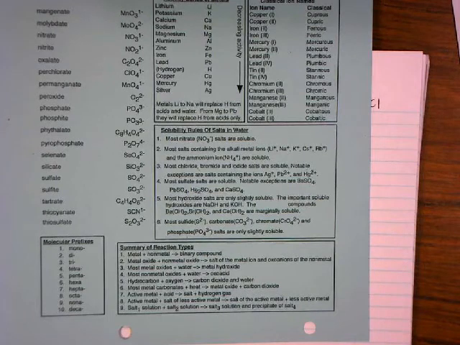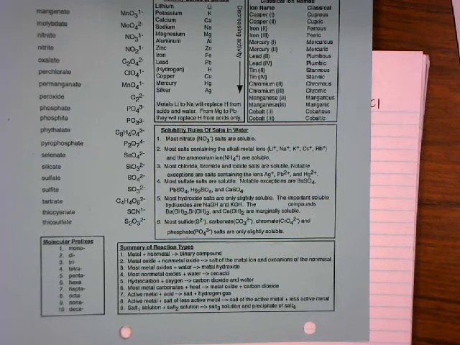Most salts containing the alkali metal ions are soluble. Most chlorides, bromides, and iodides are soluble, except silver, lead, and mercury. Most sulfate salts are soluble, except those. Most hydroxide salts are only slightly soluble, which could be important in the lab next week. And then most sulfites, carbonates, and chromates are only slightly soluble.